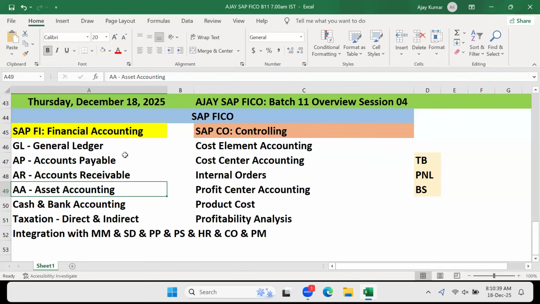Similarly, if you look at profit center accounting, if you go to any shop, better to take the example of a medical shop, pharmacy. Normally in a pharmacy or medical shop, what do you get? Medicines. Can I also buy perfume there?